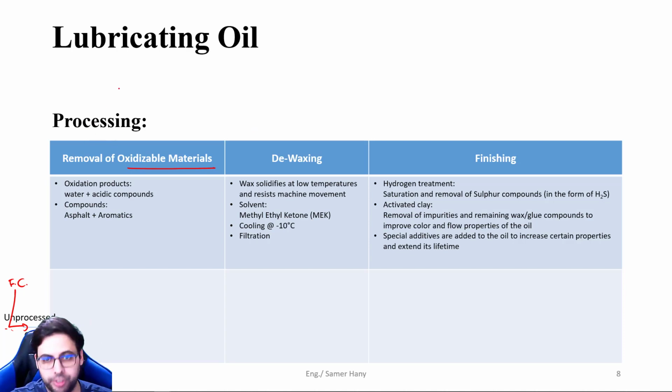What are the oxidizable materials that are present in our fraction? They are asphalt and aromatics. So we want to remove both of these classes of compounds, and we'll remove those in two different units. But let's first discuss why we want to remove the oxidizable materials. Typically the oxidation products are water and acidic compounds. Each of these oxidation products has its own negative effects.